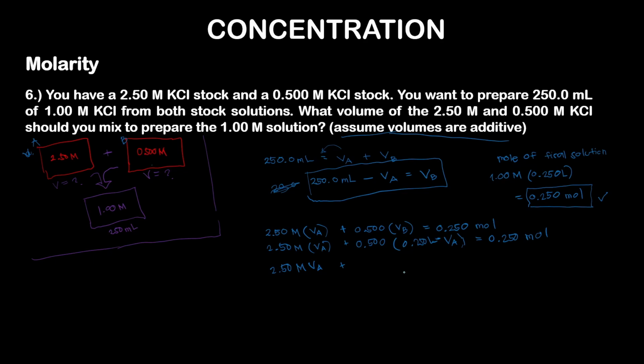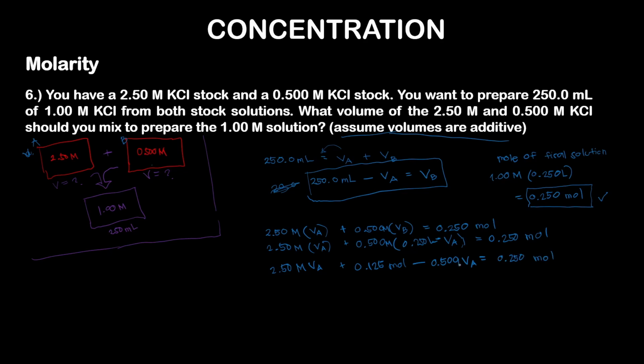So 0.5 times 0.25 is 0.125. So this one is in mole, okay? Molar times liters gives mole. Minus 0.500 VA, okay, is equal to 0.250 mole.